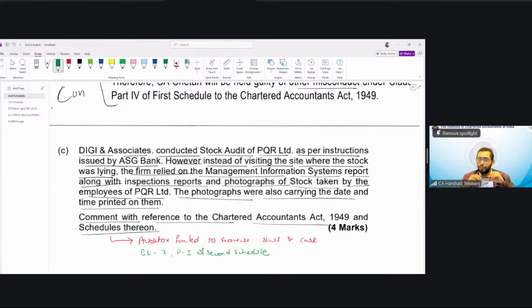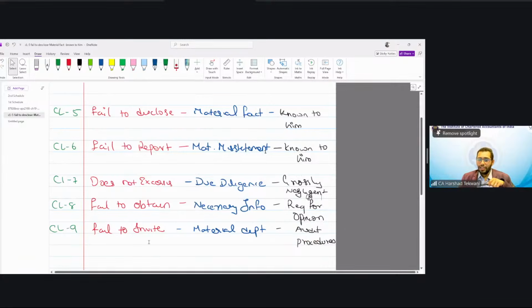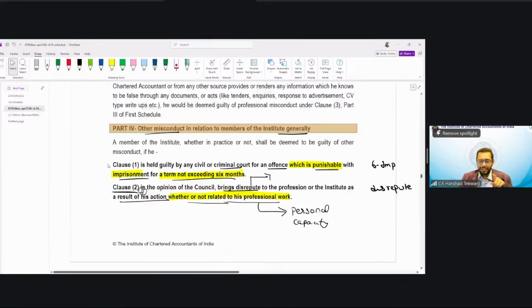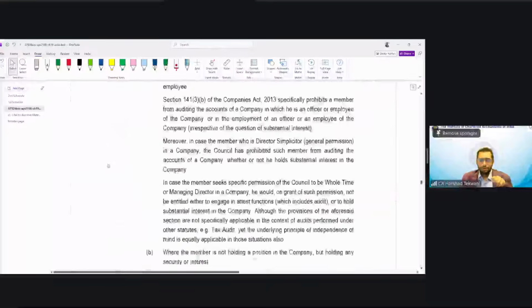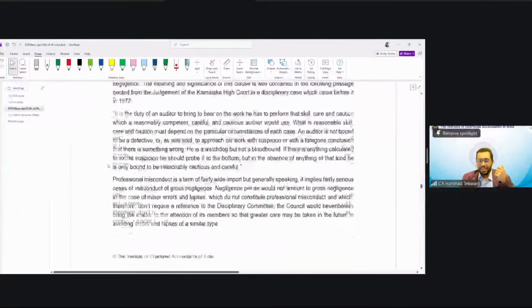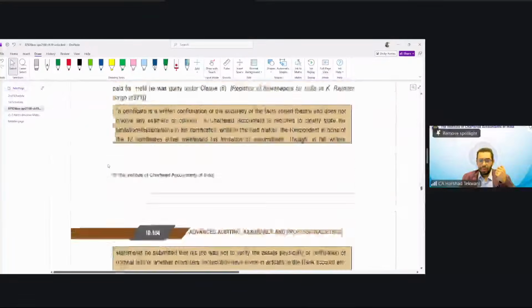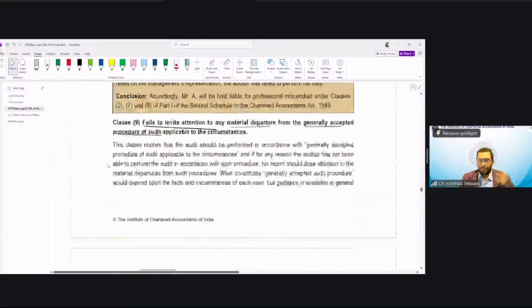What is clause 9? Clause 9 is where you fail to invite attention to a material departure. If we read clause 9 once again, it is where you need to invite attention to the departure from generally accepted audit procedures applicable to the circumstances.